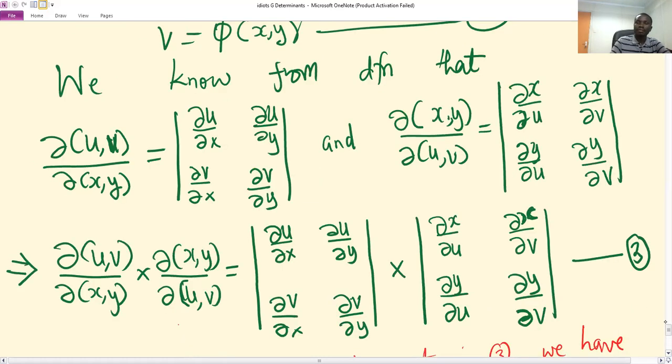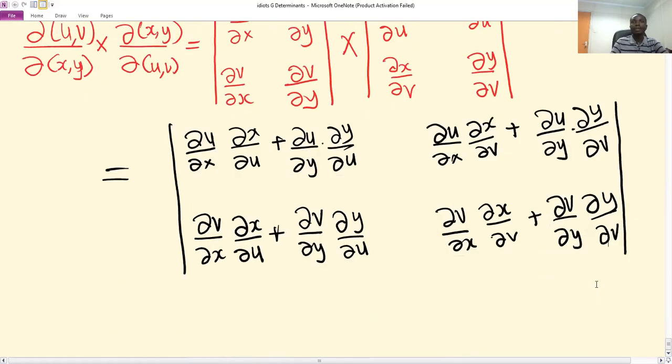So that is how we multiply two determinants. If you don't know the procedure, please check the linear algebra work. Let's call this expression number 4.